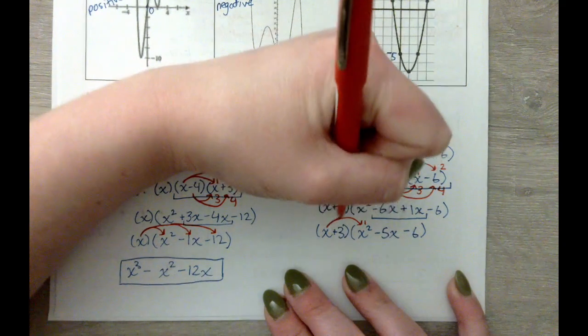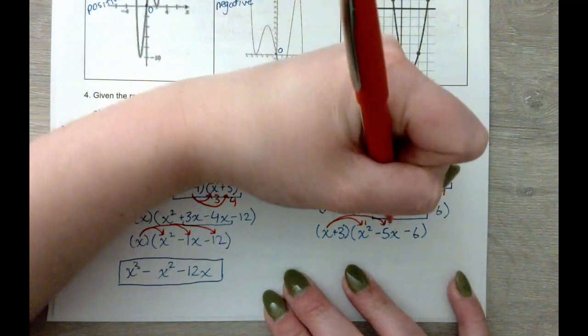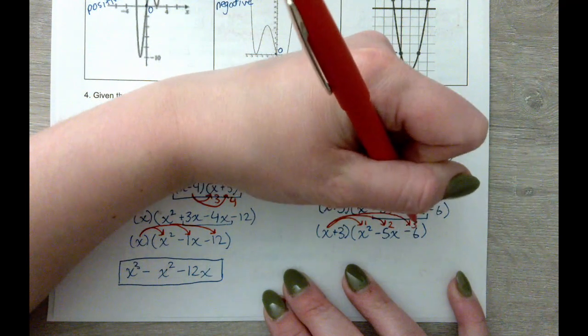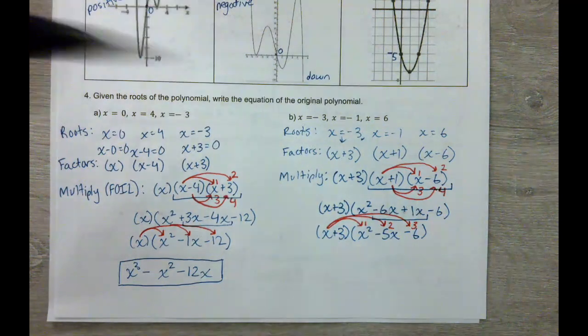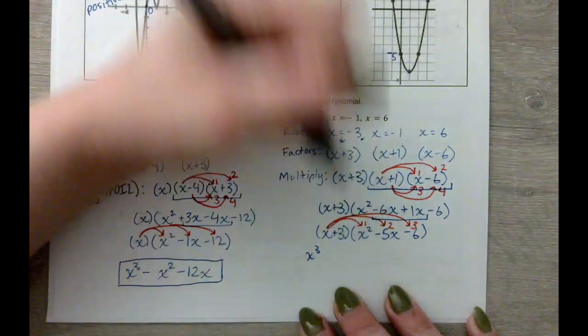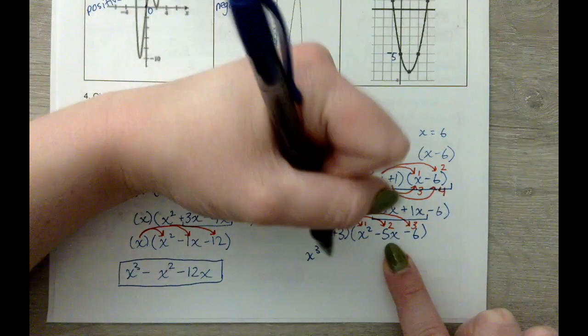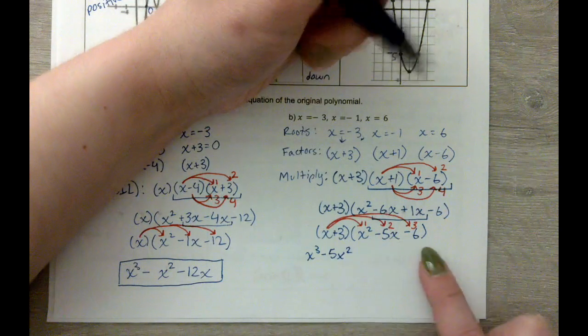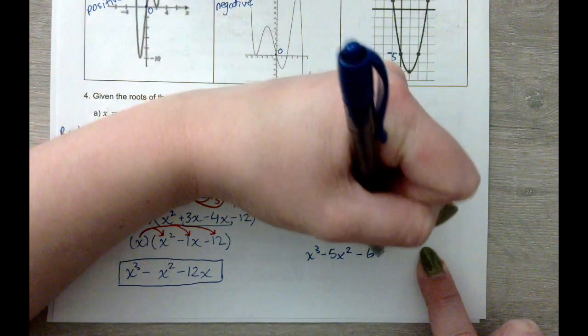So x times x squared, x times negative 5x, and then x times negative 6. So I'm going to do all those first. X times x squared is x cubed. X times negative 5x is negative 5x squared. X times negative 6 is negative 6x.